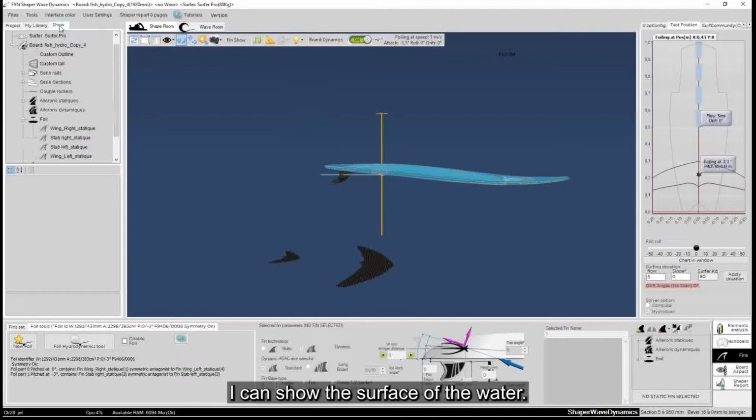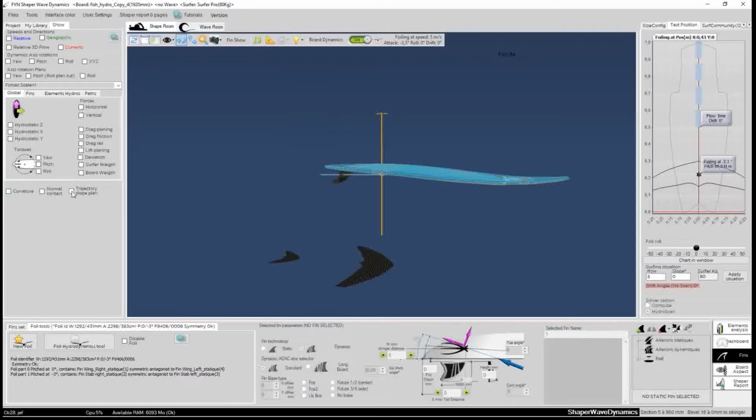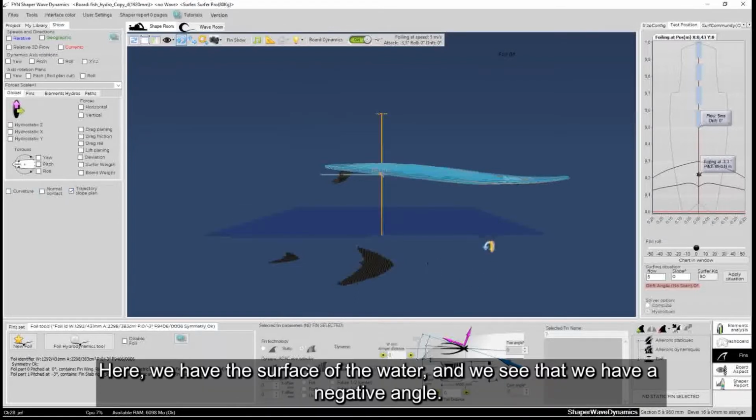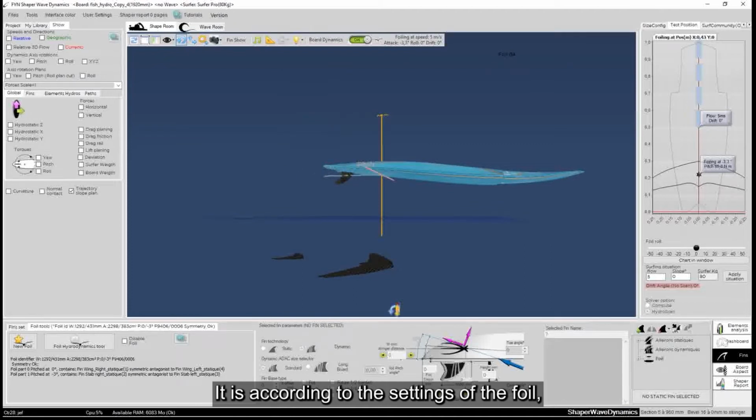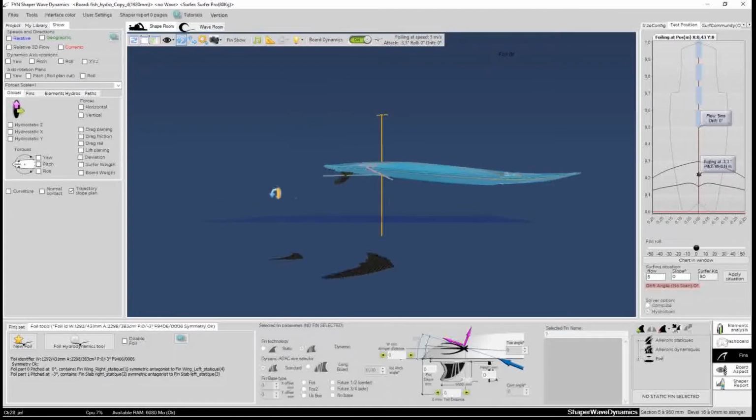I can show the surface of the water. Here, we have the surface of the water, and we see that we have a negative angle. It is according to the settings of the foil that we obtain this result.